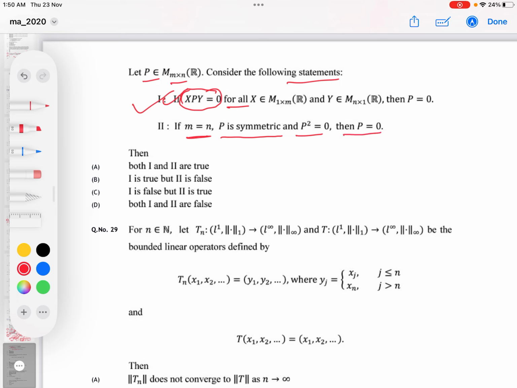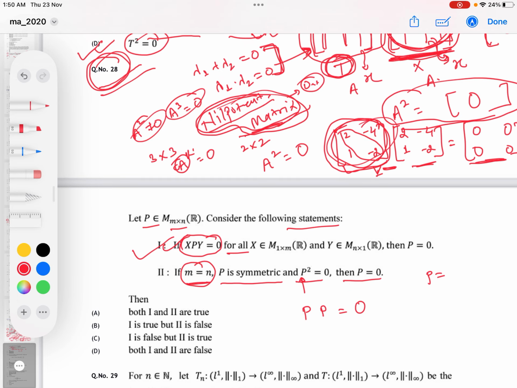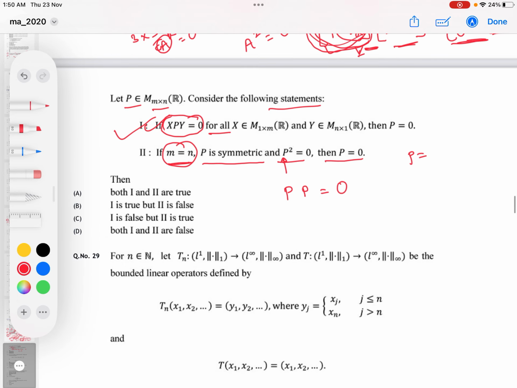Now again, P is getting multiplied by itself, and what we are getting is 0, right? And also it is a square matrix, so we can take the same example, this nilpotent one, because what we are doing is multiplying it by itself. Also there is one additional thing, that P is symmetric.